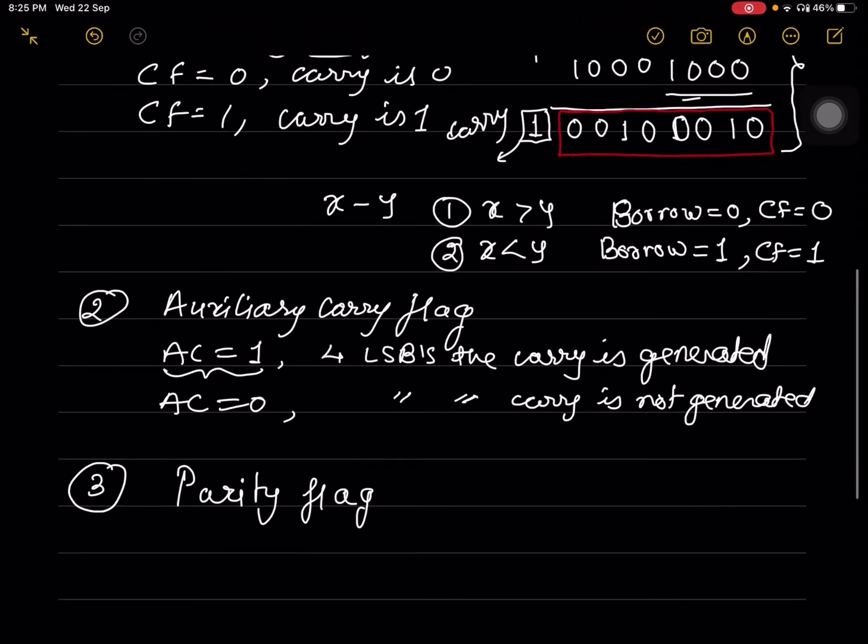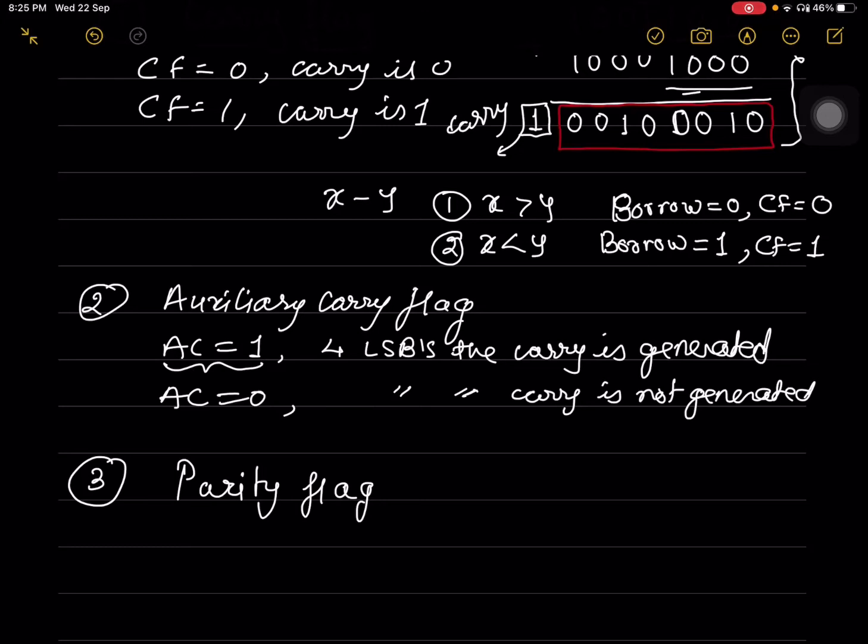If the number of ones available in the result of ALU is 0, 2, 4, 6 or 8, that means this is the count of ones, then we call it as even parity.